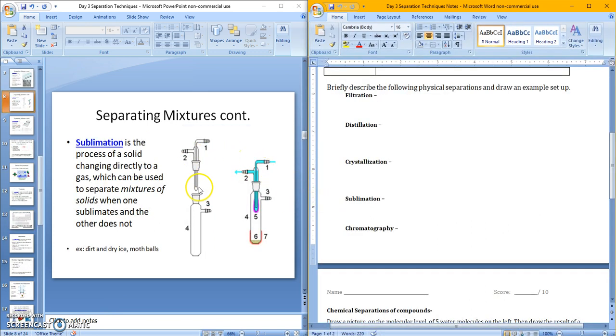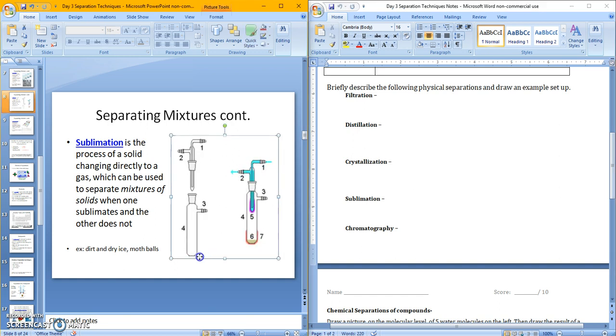The next type of physical separation is sublimation. Sublimation separates things based on when they will sublime. Sublime means going directly from a solid into a gas. It skips the liquid phase. So if the substance you're trying to separate sublimes, you can put it right in here and heat it up.